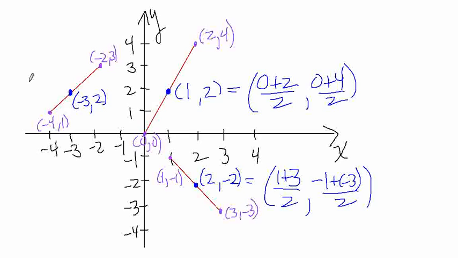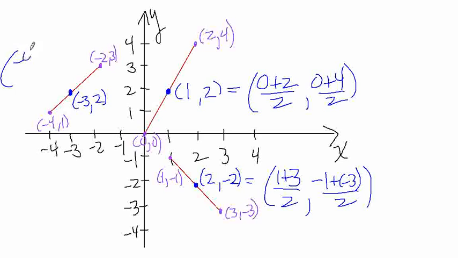Okay, now pause the video and find the average of the x values and the y values of the endpoints of the last line segment and see what you get. Okay, do that now. Okay, I'll go ahead and do that as well.